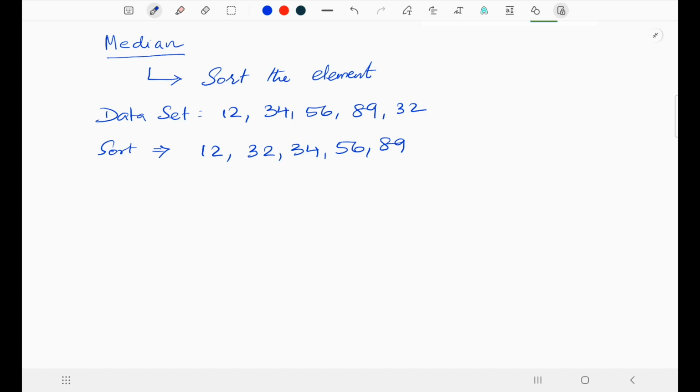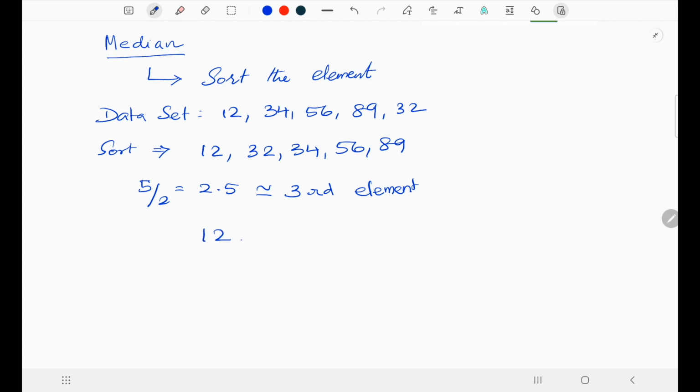Now in total we have 5 elements. So what would be the middle one? 5 divided by 2 equals 2.5, and we take the upper limit, 3. That is the third element. The third element is the middle value.